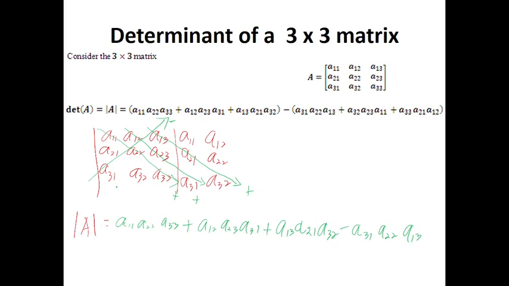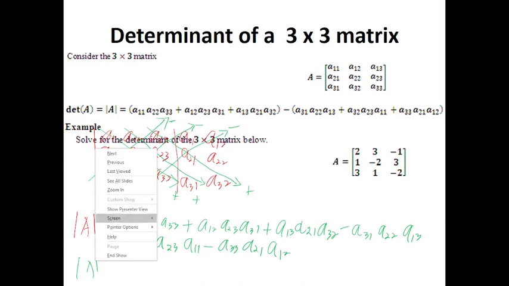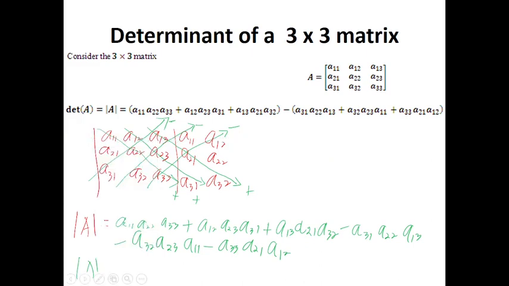Then minus A32, A23, A11. Then minus A33, A21, A12. That's it. Then we can factor out.